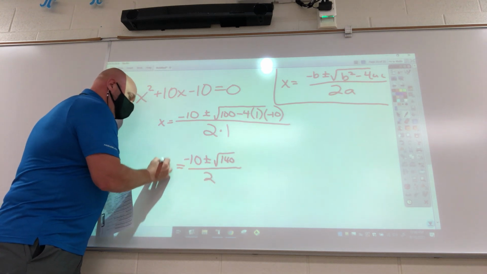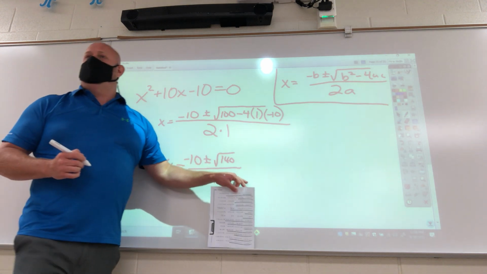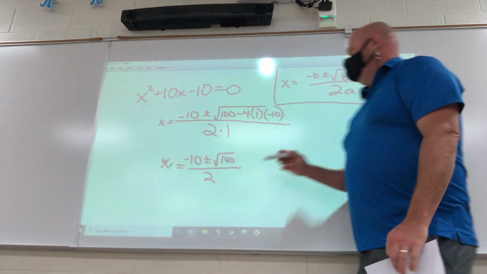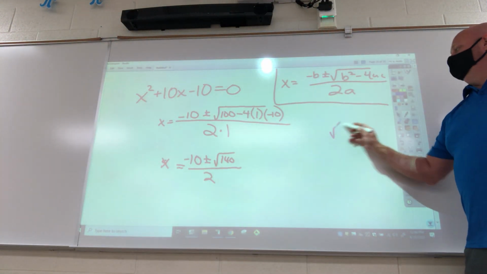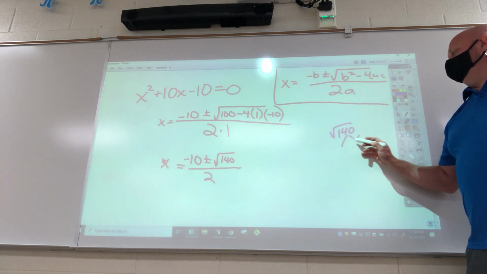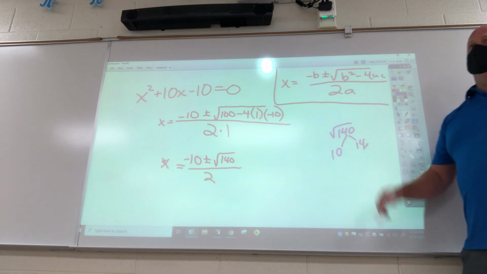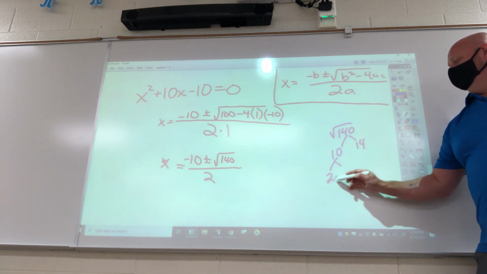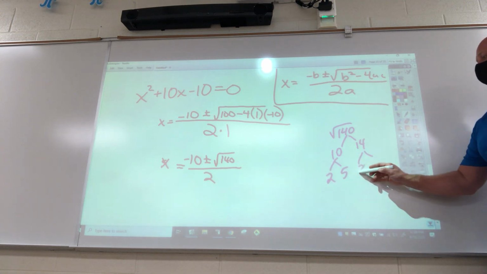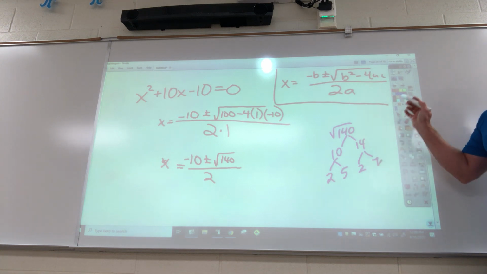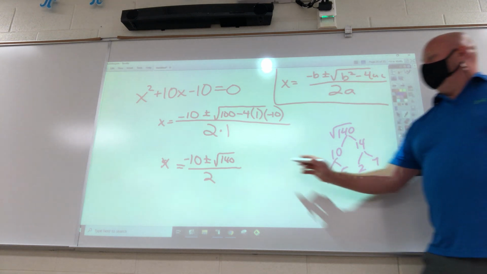We can simplify that because that square root of 140, that's going to break down, right? We'll do that over here. Square root of 140 ends in 10. I always break it down 10 times. Just an easy way to break it down. 10 would be 2, 5, 2, 7. So I got a pair of 2s.